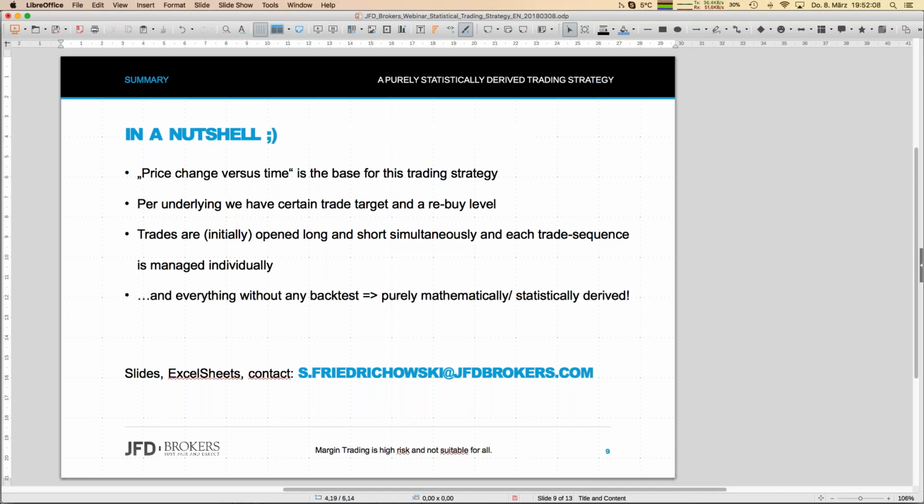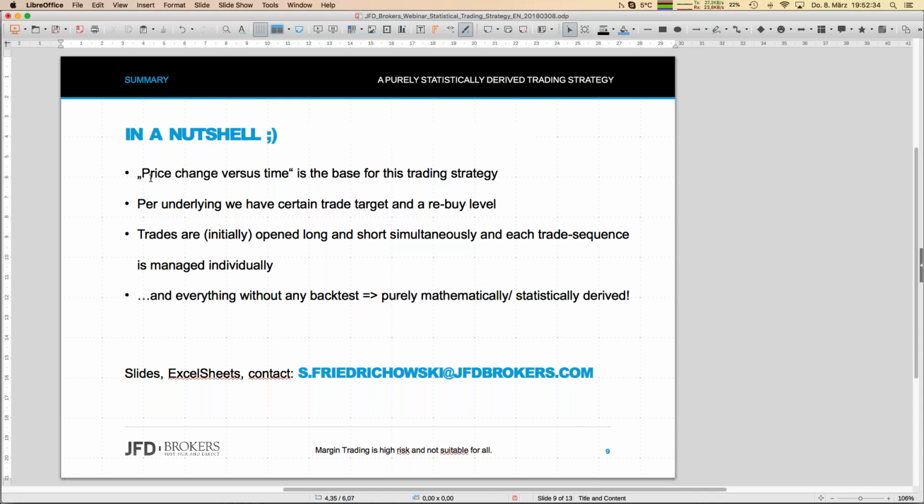So in a nutshell, we know the price change versus time is something close to square root, and that's the base for that strategy. We know which underlyings move strongest: DAX, gold, Japanese yen. Those are the ones which move more strongly than any other.